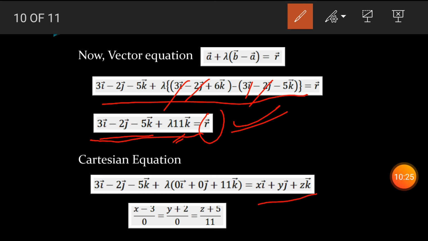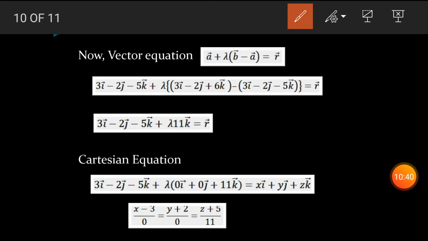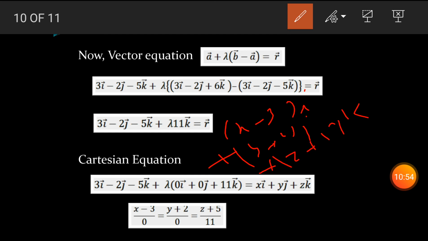And you just collect the components. Take this to this side, so this will become x minus 3 i, then y plus 2 j, and then z plus 5 k. This is what you are going to get.